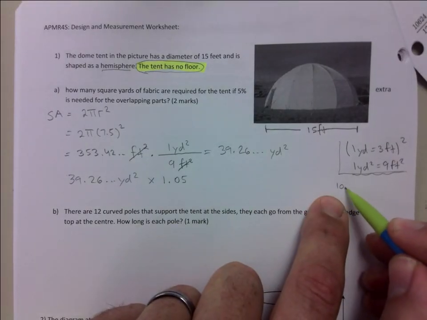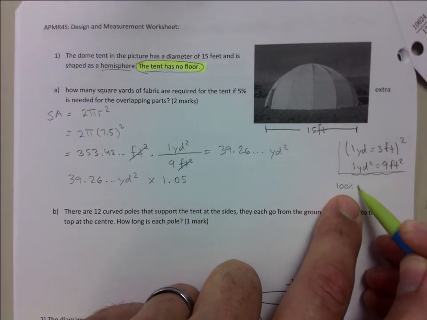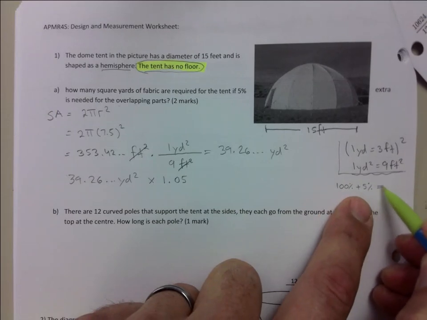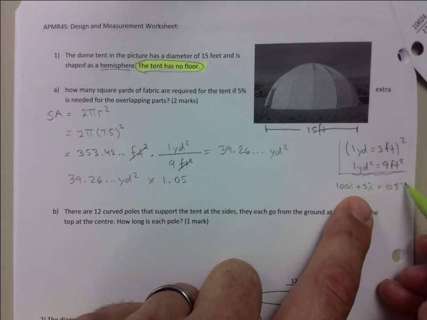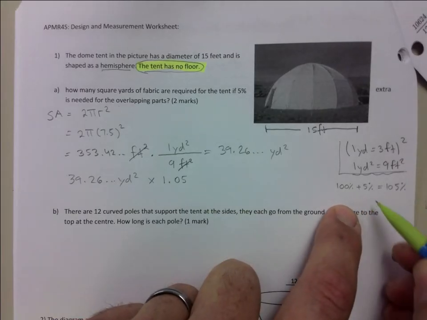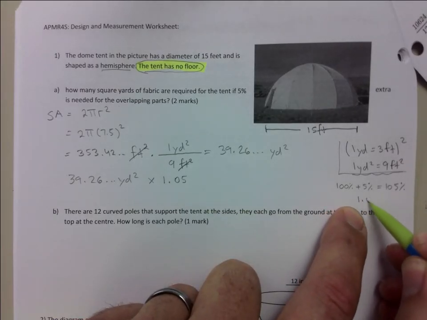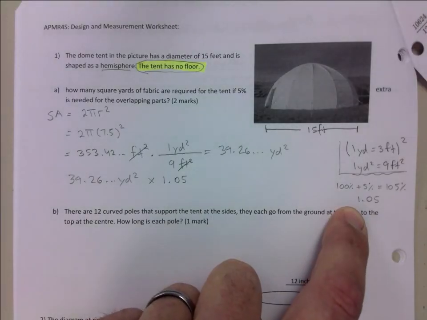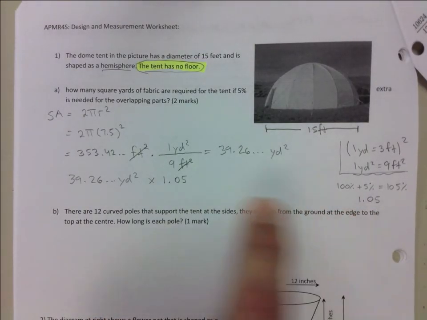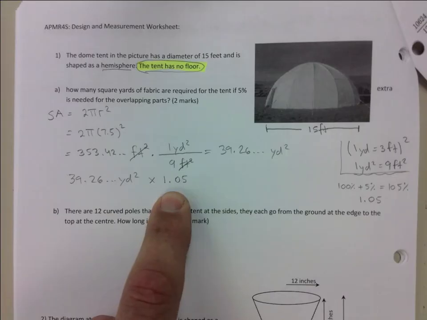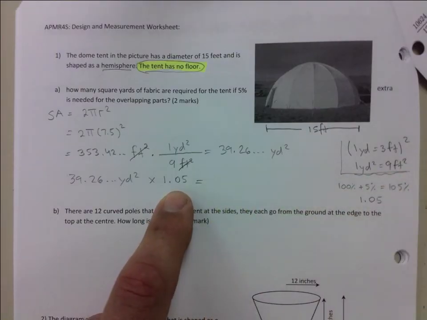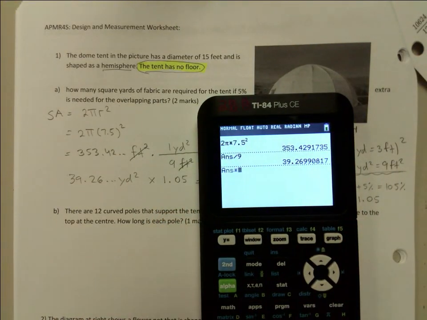So if it's 100% that you have and you add 5% to it, that's 105%. Okay? And so that turns out to be 1.05 as a decimal. So when we multiply that by 1.05, you add 5% to that answer. So let's take our answer and just go times 1.05.